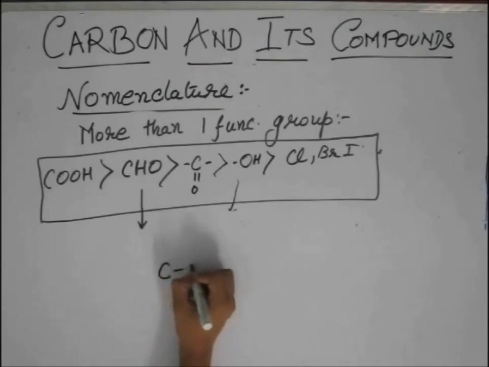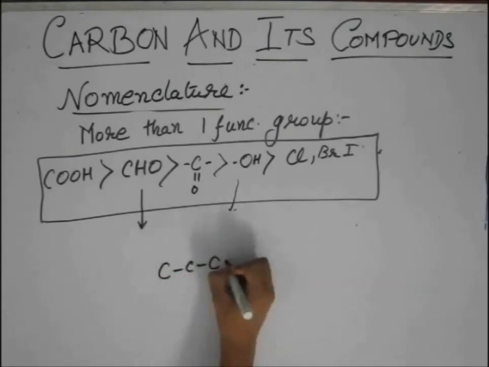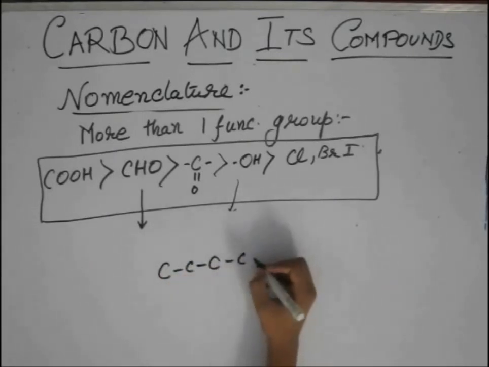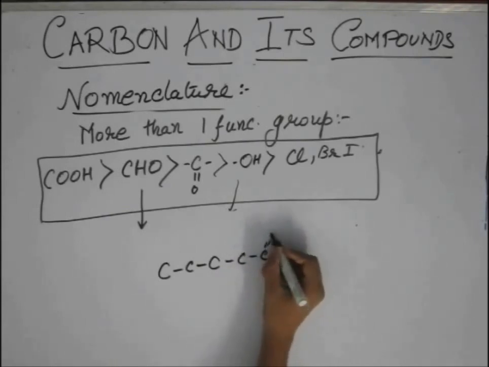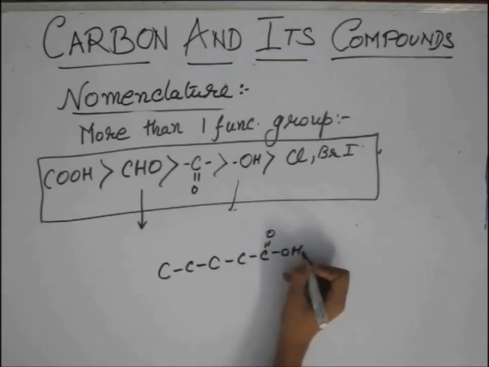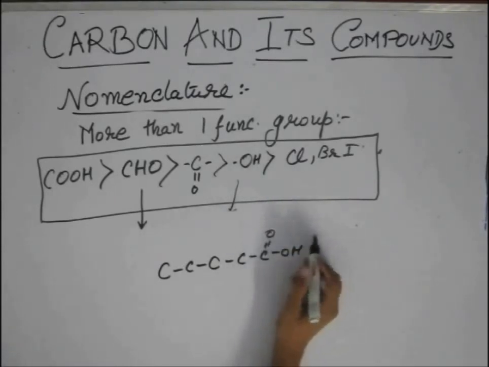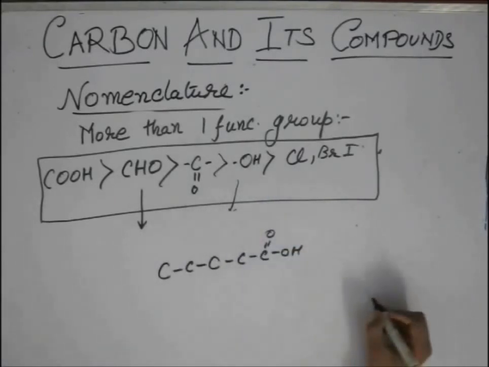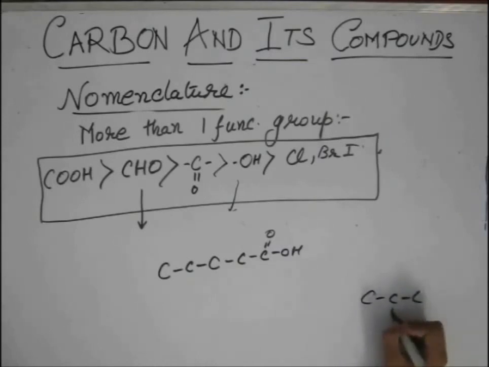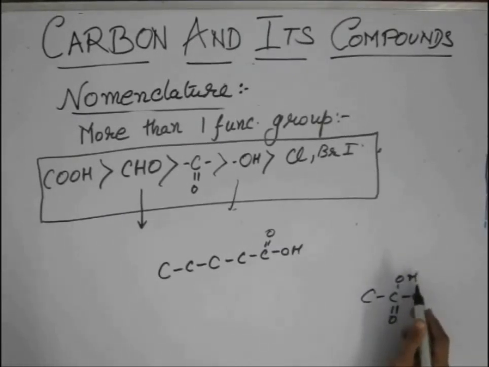Let us do one with acids. You realize that the acidic group can come only at the end. It cannot come in the middle, because something like that would actually be CO and COH.